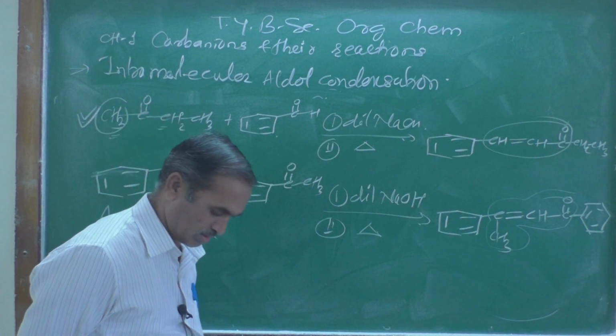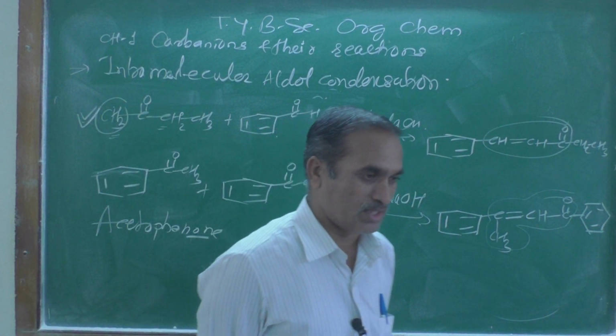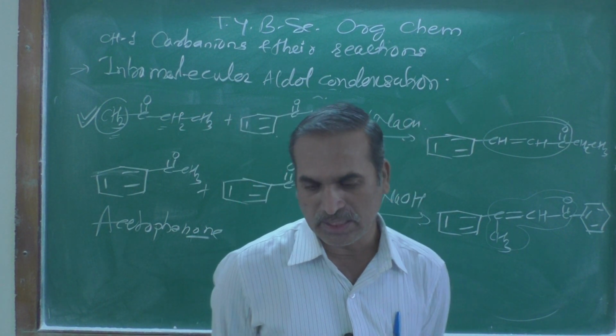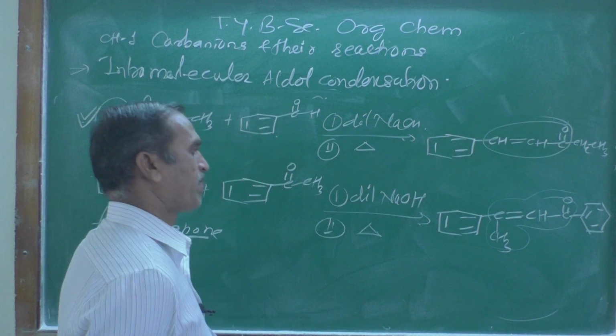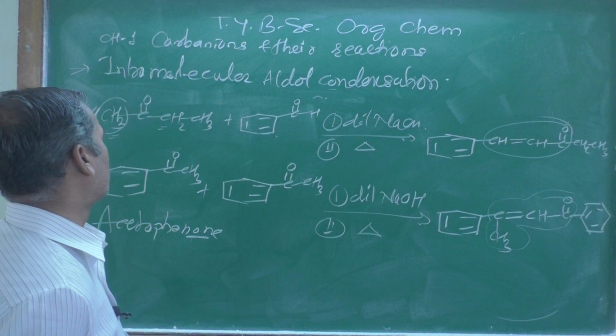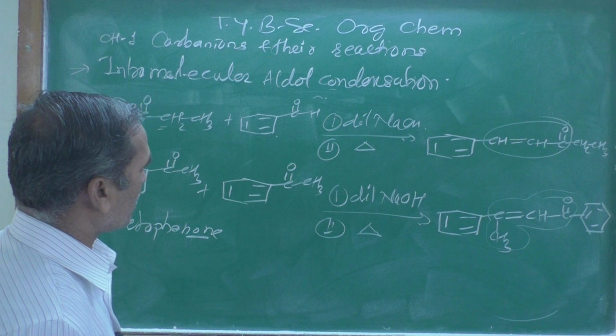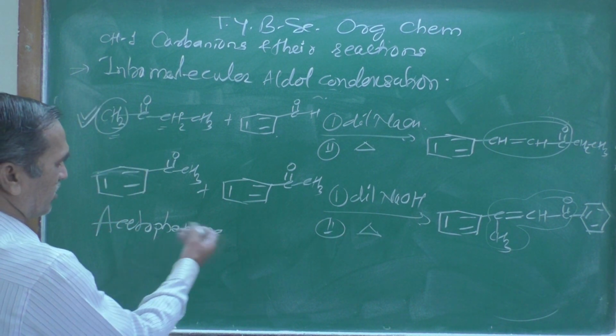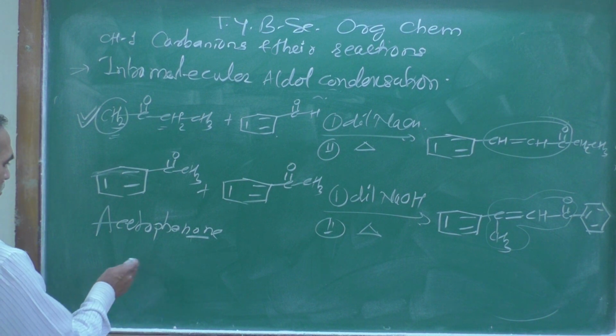While studying ultraviolet spectroscopy, we will see the detail of that enone system, why it is called an enone system or a chalcone. Now let me give another example.